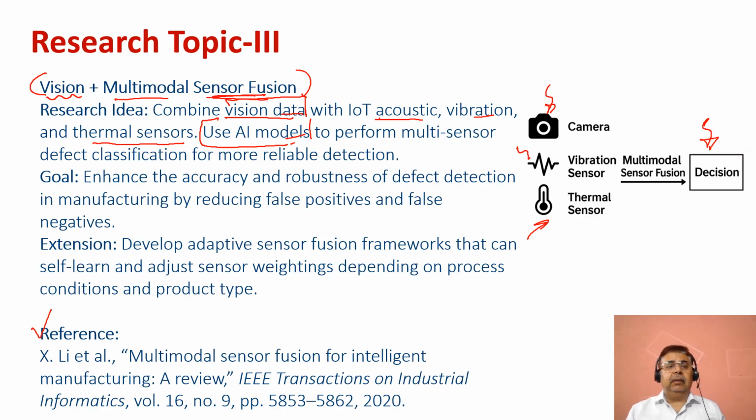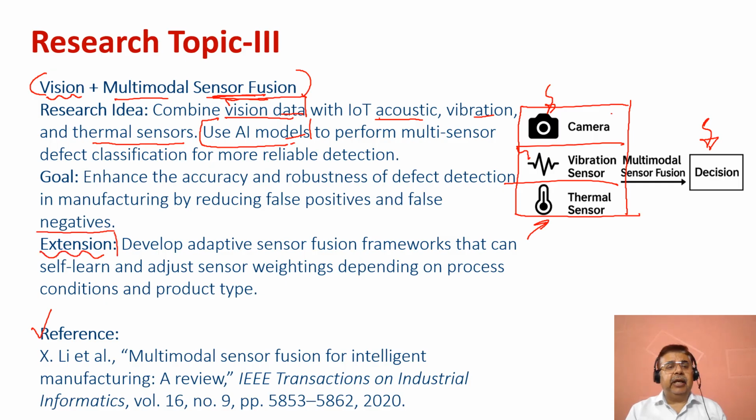Reliability improves when you are relying on more than one sensor, and then you are in a better position to take any decision.